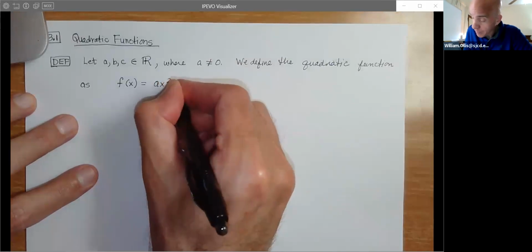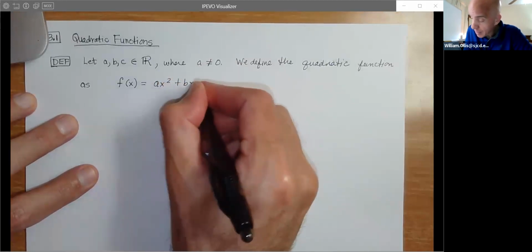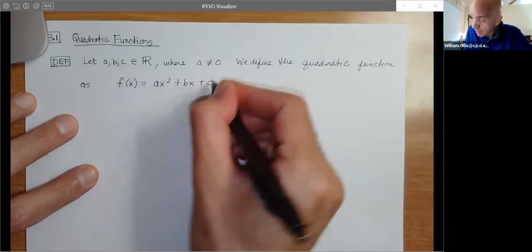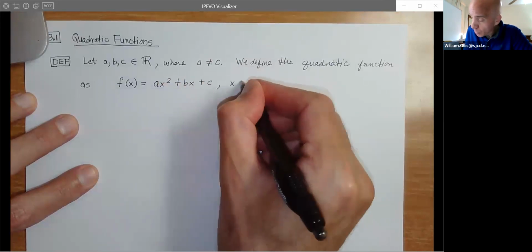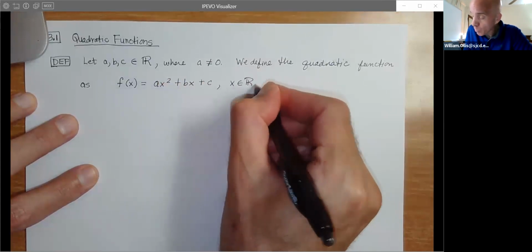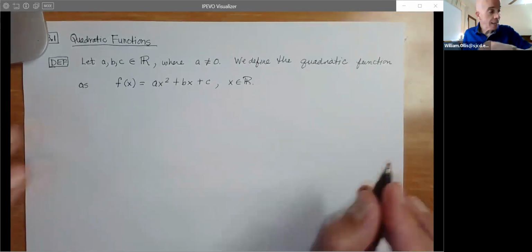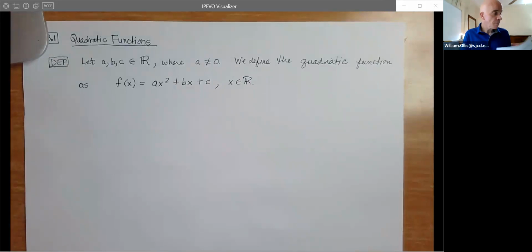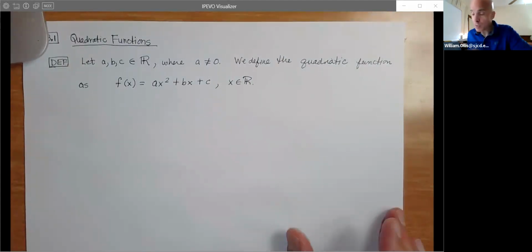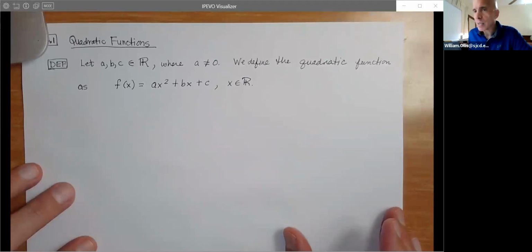Ax squared plus bx plus c, where x is a real number. And of course, we can restrict it if we want. We can restrict the domain and get something that's useful. Now, when it comes to working with quadratic functions, there's certain things that we can actually tabulate.